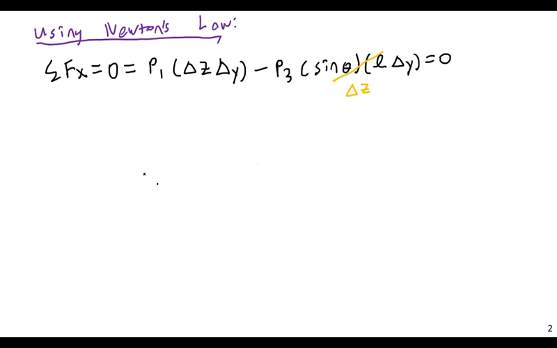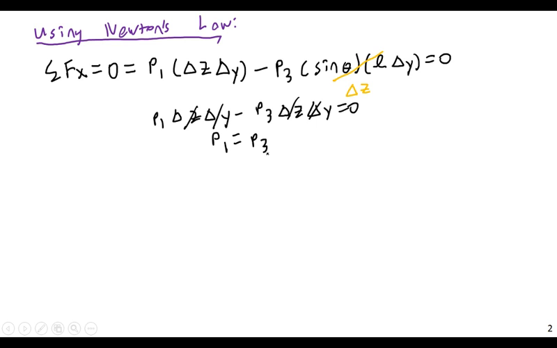What I'd end up with is P1 times delta z delta y minus P3 delta z delta y equals 0. I see the same thing here and here, so I can cancel those out. And so I can conclude very quickly that P1 must be equal to P3.